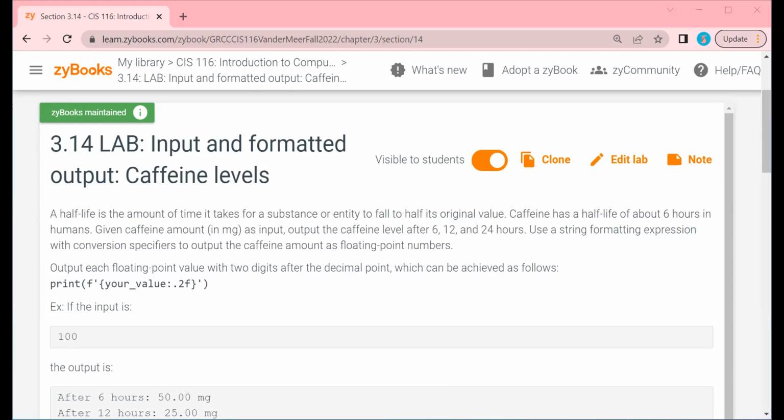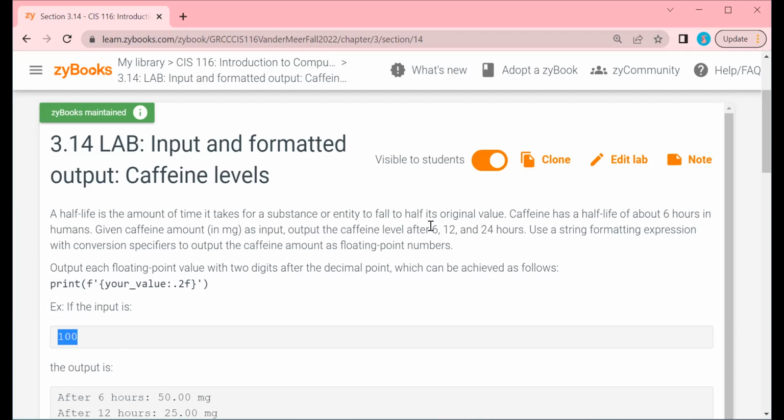This program ends up being kind of small. What we're doing is we have one input, 100, as an example. So we're entering a caffeine amount in milligrams. If some coffee or some pill is 100 milligrams of caffeine, that's my input.